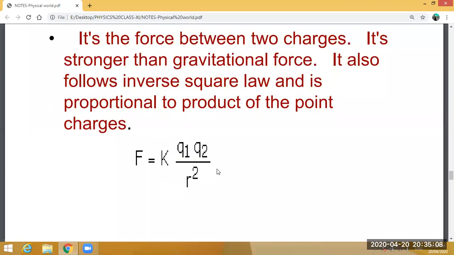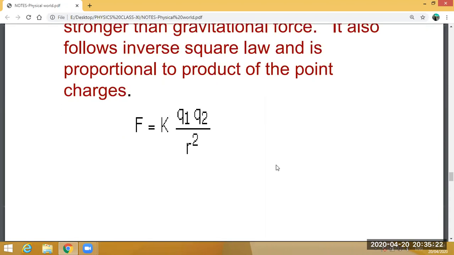Same thing is there. Only difference is that mass is replaced by charge and the gravitational constant is replaced by K, the proportionality constant, and K has a certain value 1 by 4 pi epsilon naught, with numerical value equal to 9 into 10 to the power 9.